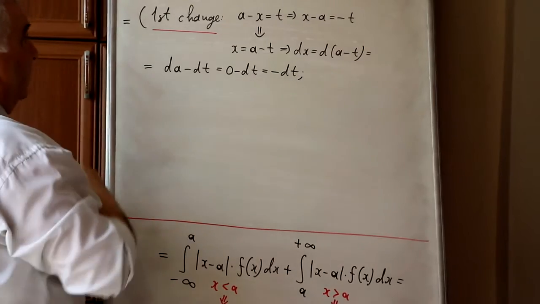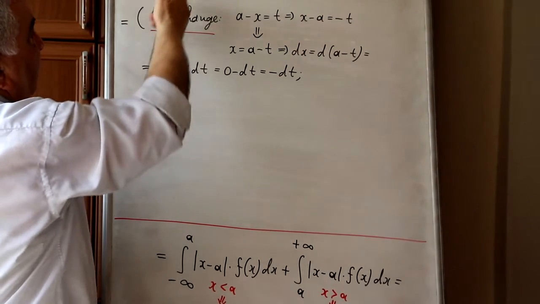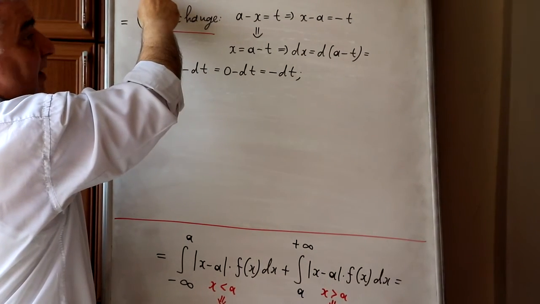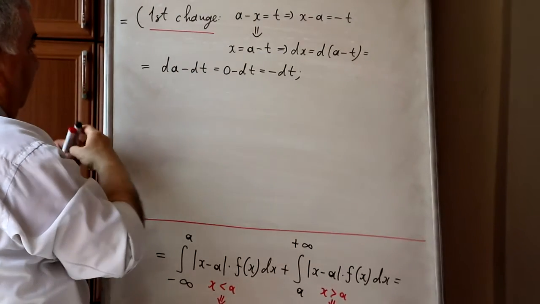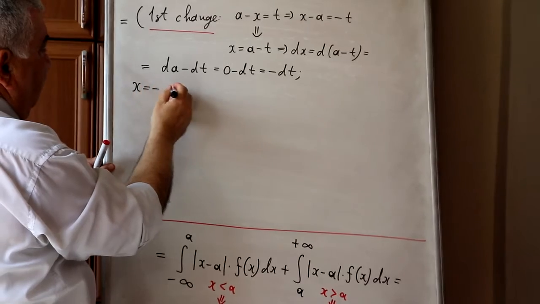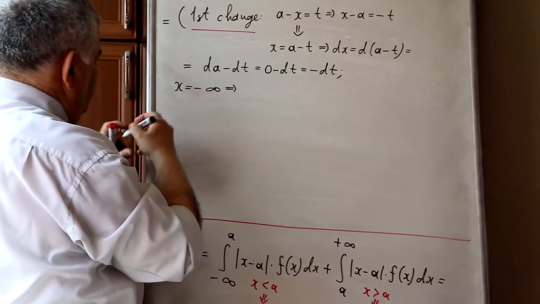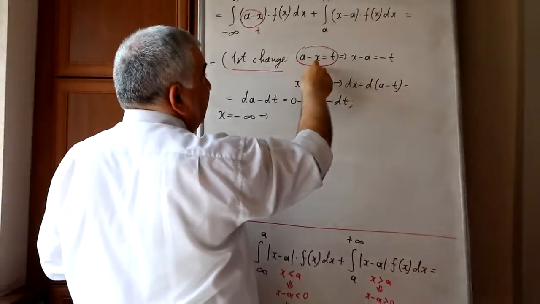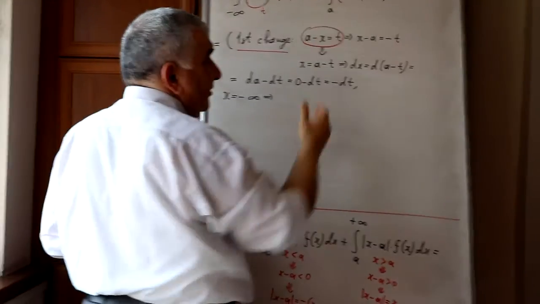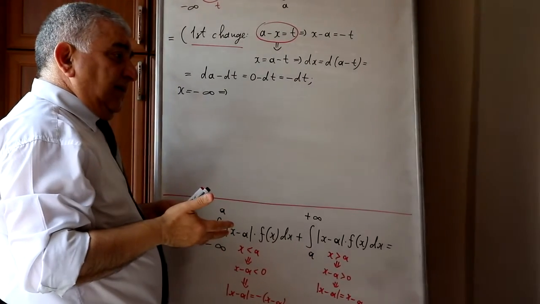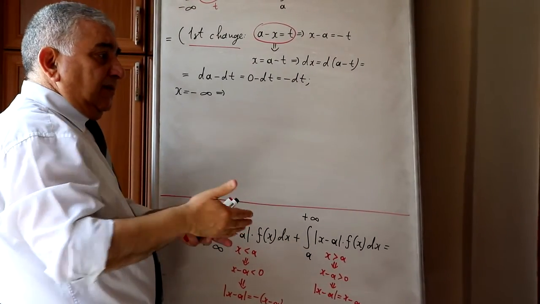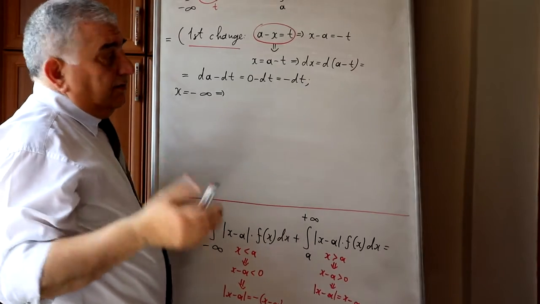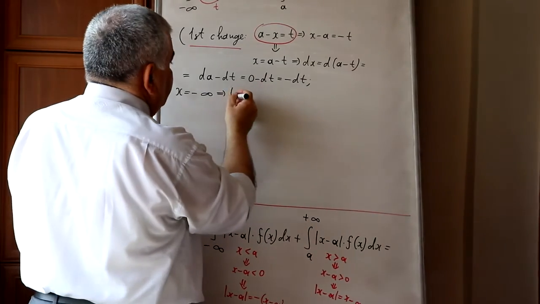Then also we change the integral limits. In the first integral, the lower integral limit for x is minus infinity. If x is minus infinity, then according to this change, a minus infinity is a plus infinity, and a plus infinity is plus infinity, because if we add the constant value to plus infinity, then we will obtain again plus infinity. t is plus infinity.